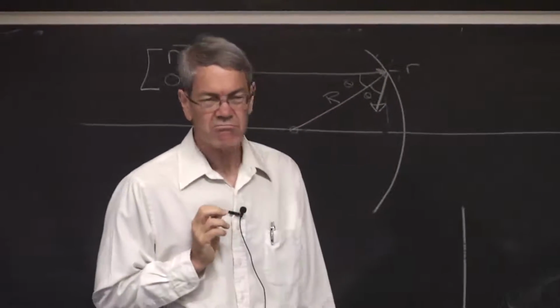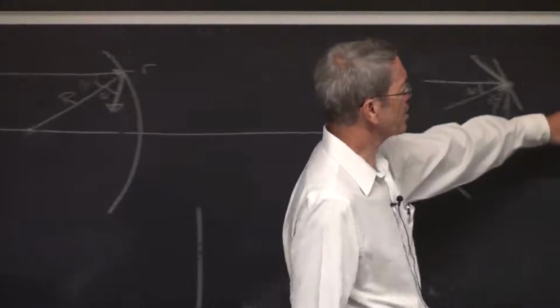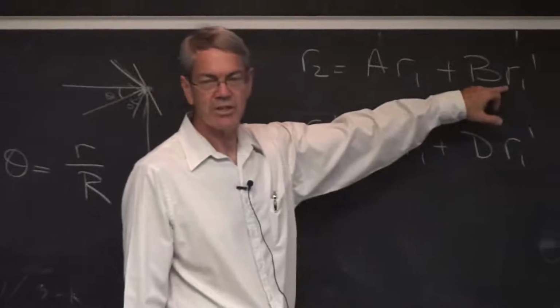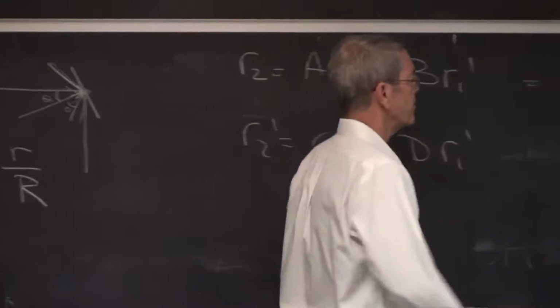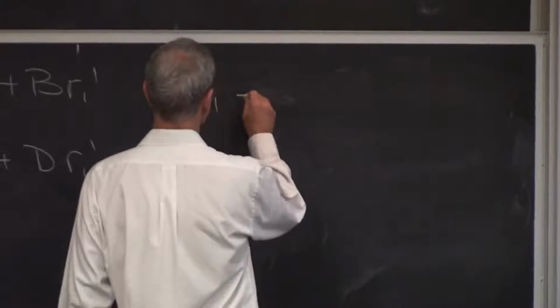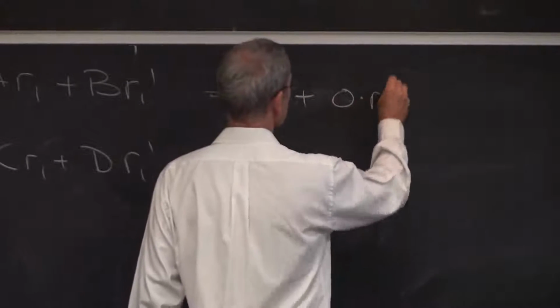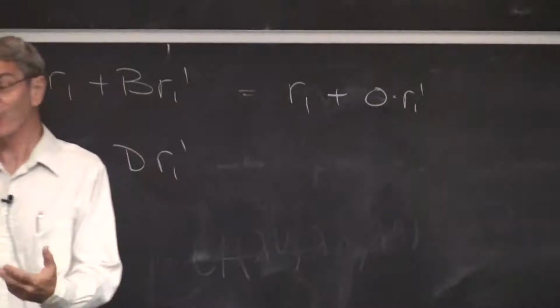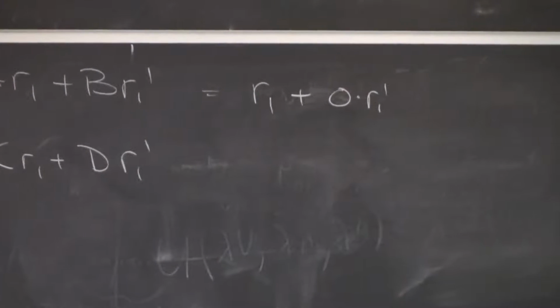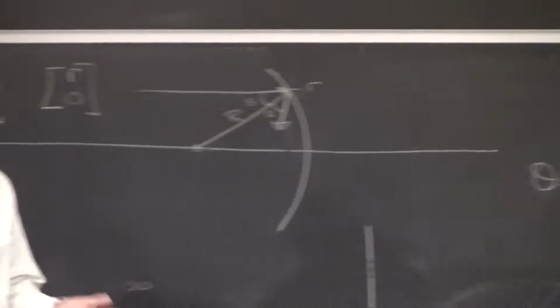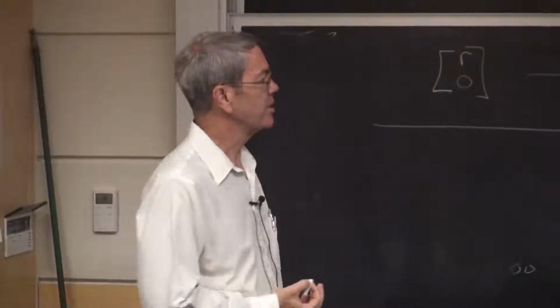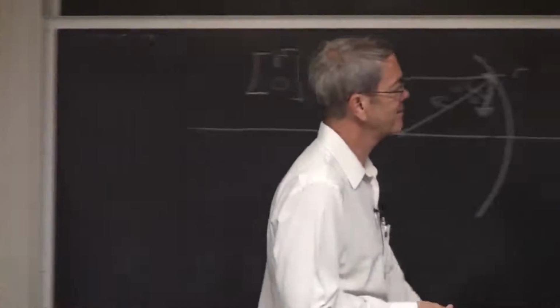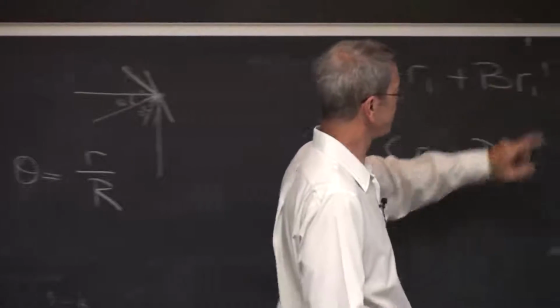So R2 does not depend at all on the incident angle. So this is going to be plus 0 times R1 prime. I can do that without any formulas, I'm just looking at it. Does that make sense? A lot of these ABCDs, you just look at it and it makes sense. So I've already got A and B.